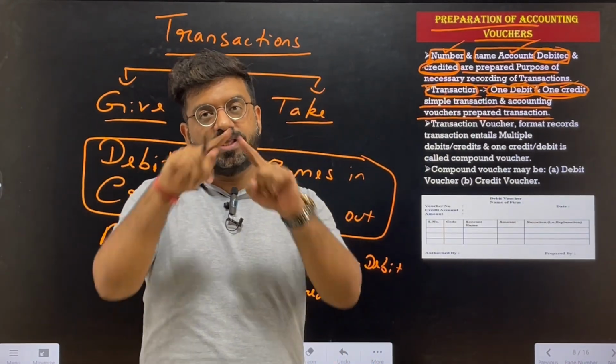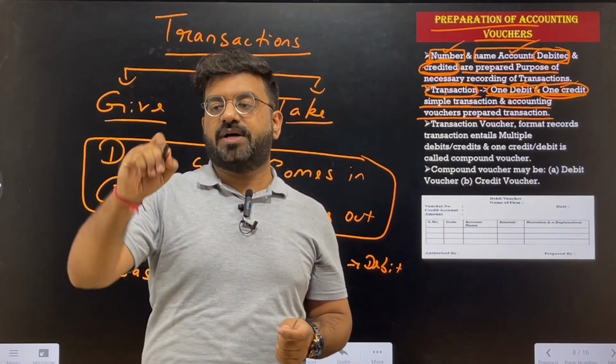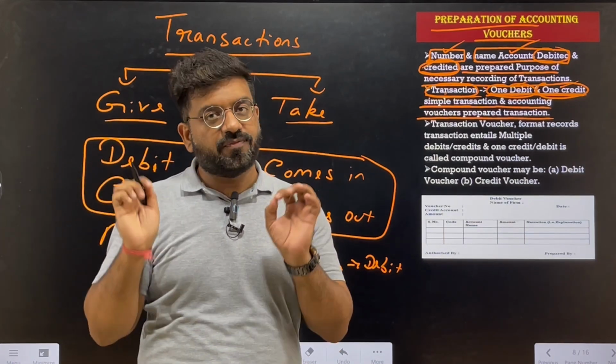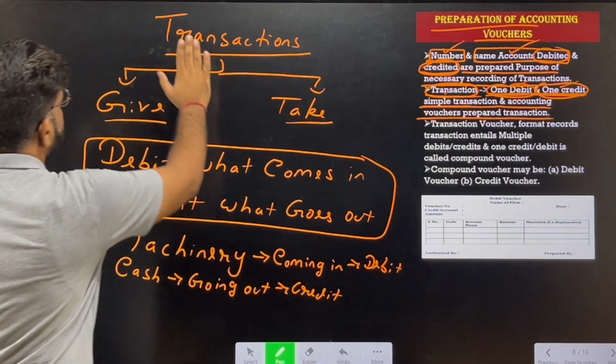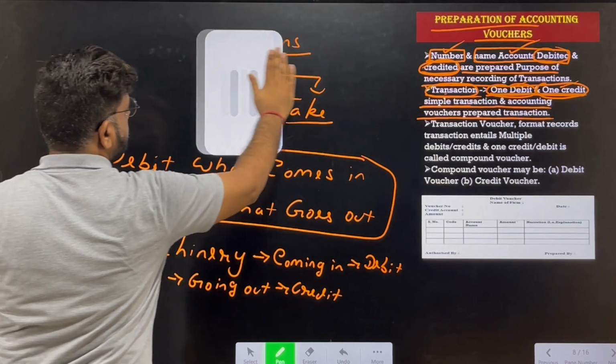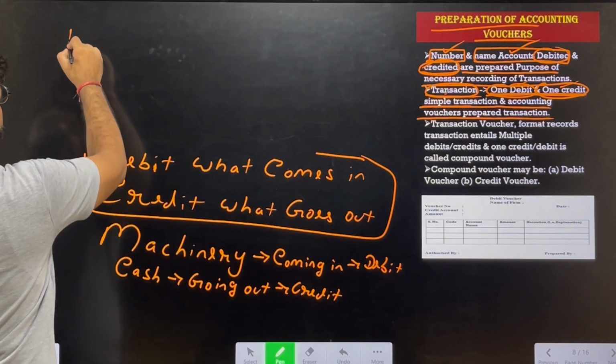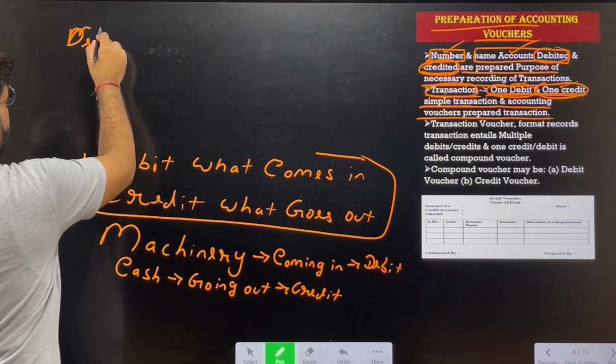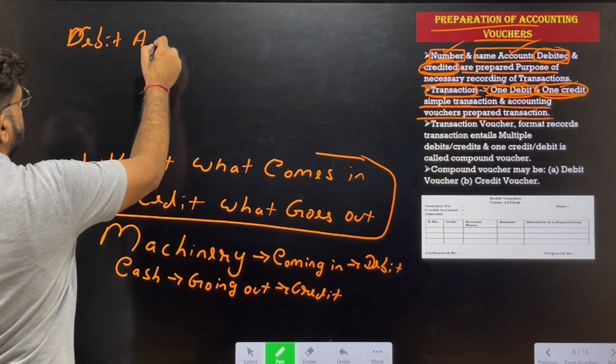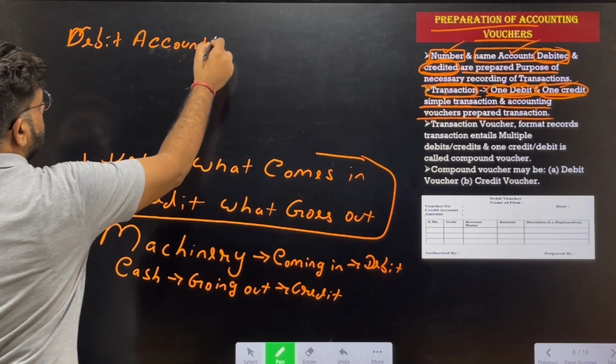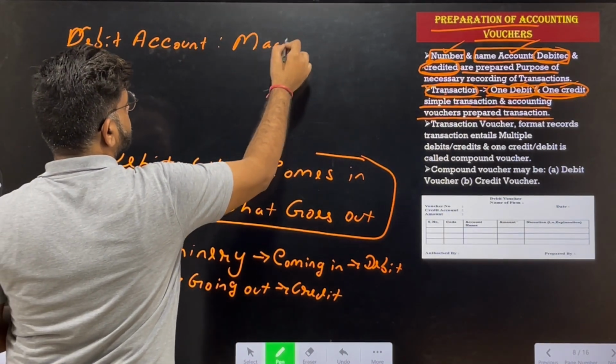So every time in the voucher, you simply write which account is to be debited. In the debit account, we will write machinery.